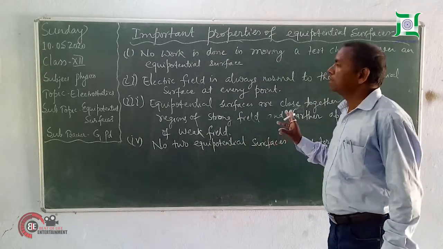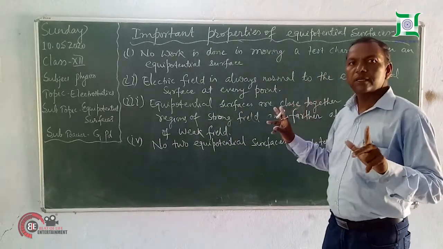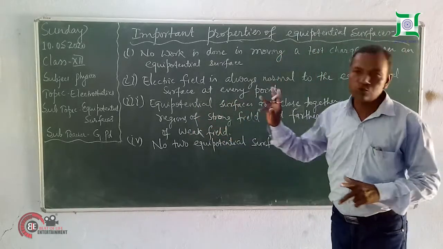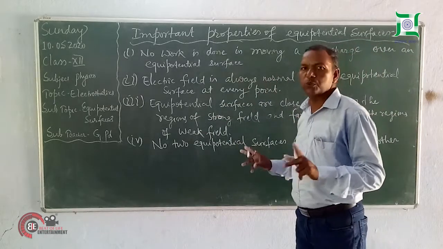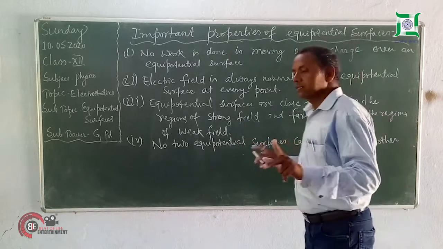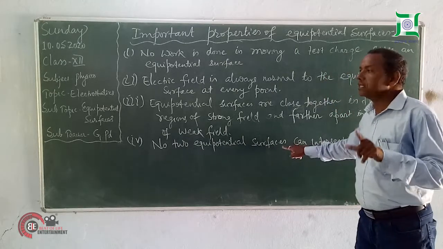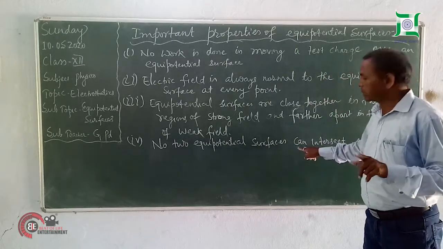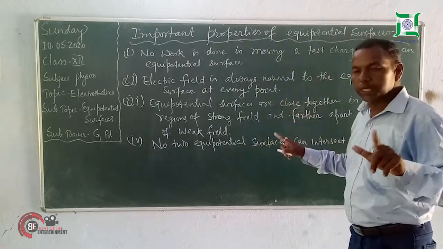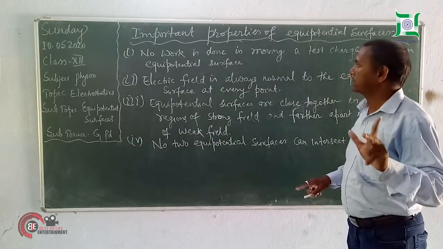क्यों? मतलब किसी भी समविभव सतह में किसी टेस्ट चार्ज को एक बिंदु से दूसरे बिंदु तक मूव कराने में कोई कार्य नहीं होता है. Why is this so? ऐसा इसलिए होता है कि in an equipotential surface, every point has the same potential. समविभव सतह के प्रत्येक बिंदु पर विद्युत विभव का मान समान होता है.